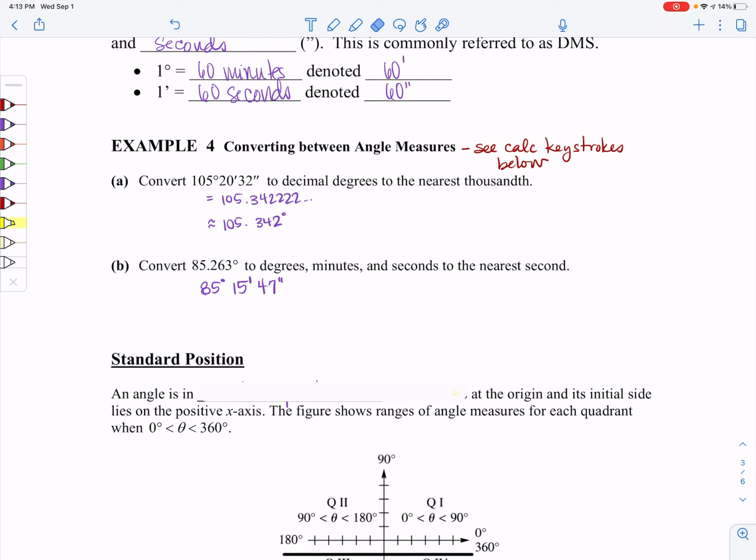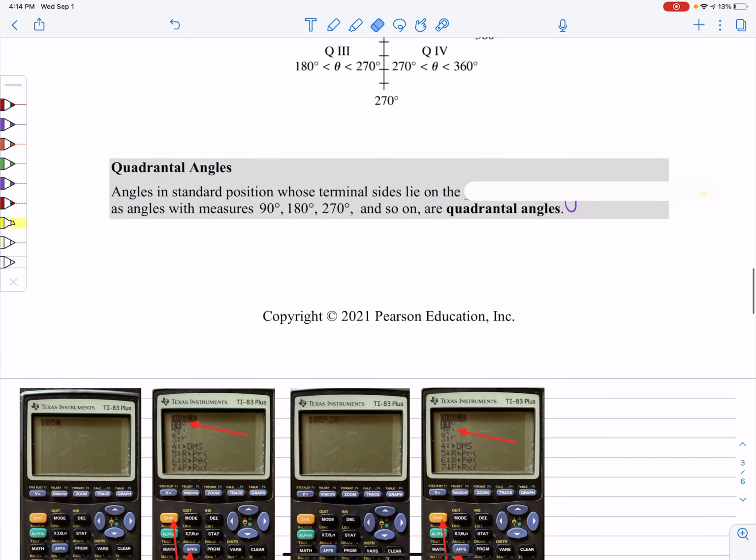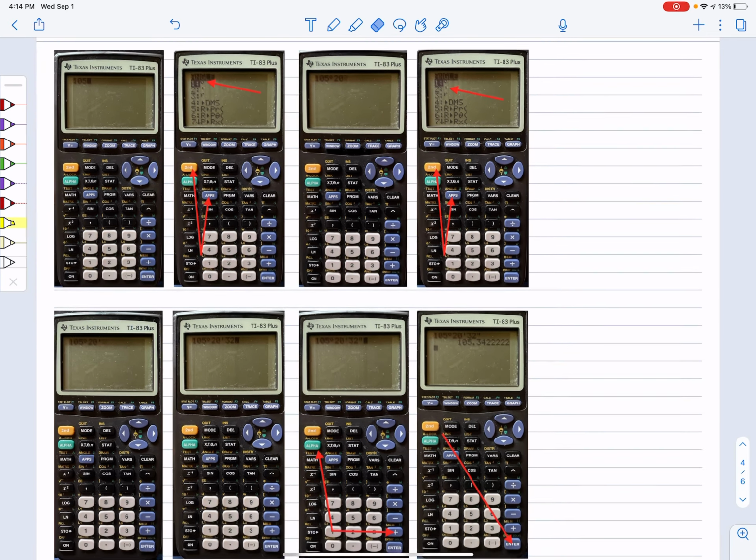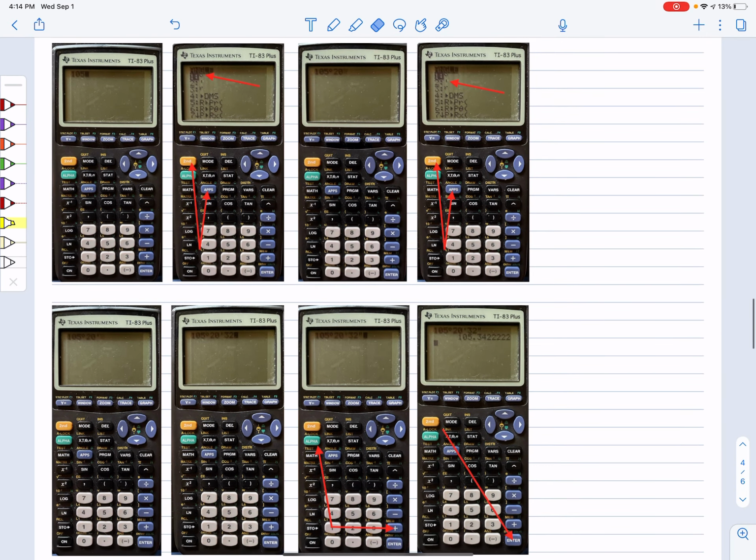Now, what I want you to do is I'm going to show you the keystrokes on this, but I want you to pause because I just gave you some screenshots. Pause the video and work through both of these examples on your calculator. So here's the keystrokes for the first example.